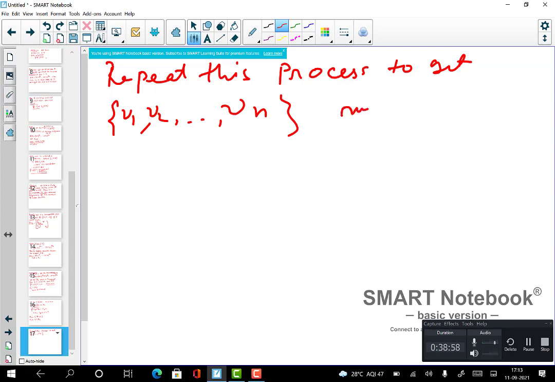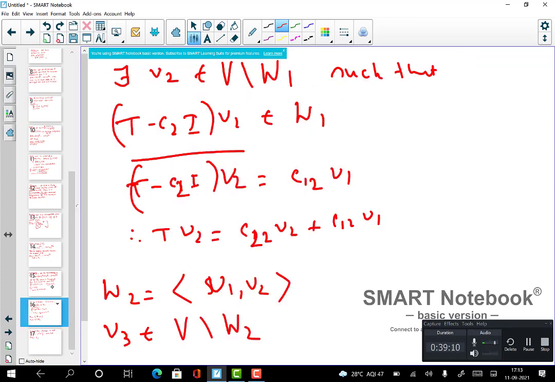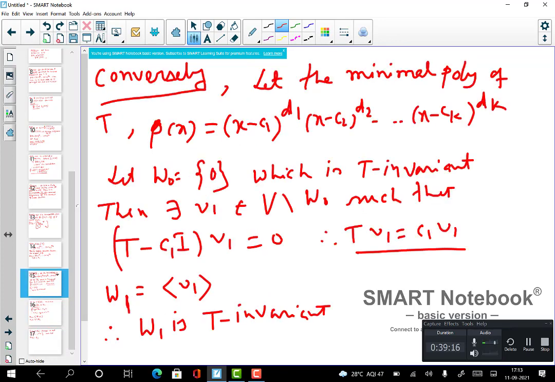So the finiteness of V tells you that this process will stop, and you repeat this process to get vectors v1, v2, up to vn, such that T of vj is nothing but, let me write, T v1 equals c11 v1.